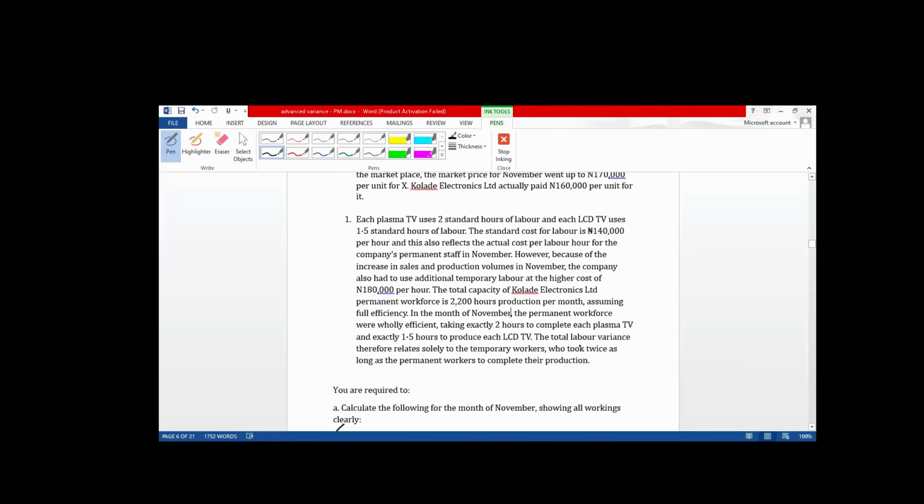Examiner says the total labor variance therefore relates solely to the temporary workers who took twice as long as the permanent staff. Because they are not efficient, they took twice.